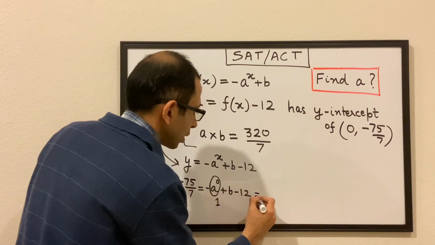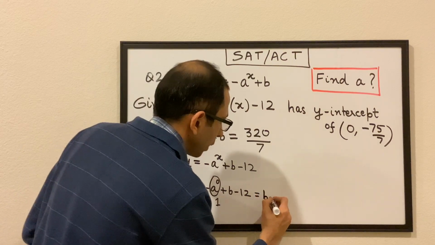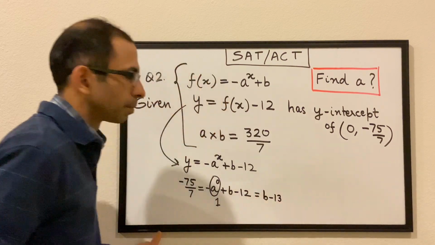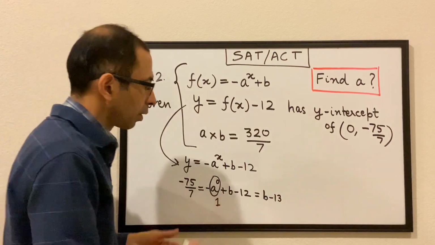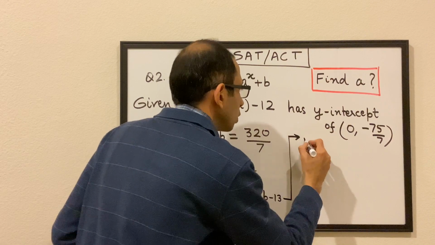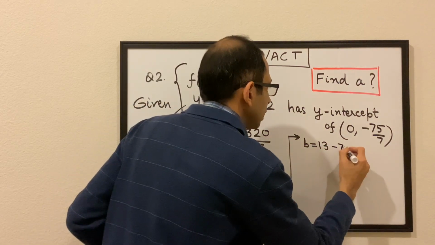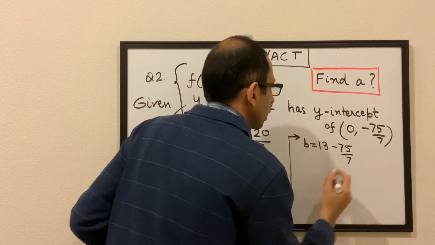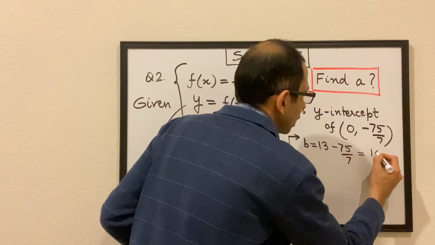So this becomes -1 - 12, which is -13. So this becomes b - 13. Correct? We can obviously get 13 to this side and find the value of b. So b is equal to 13 minus 75/7, which comes out to be 16/7.